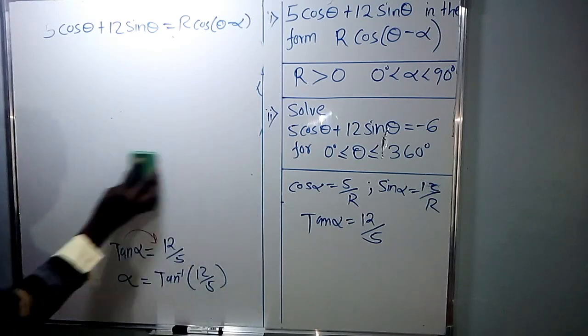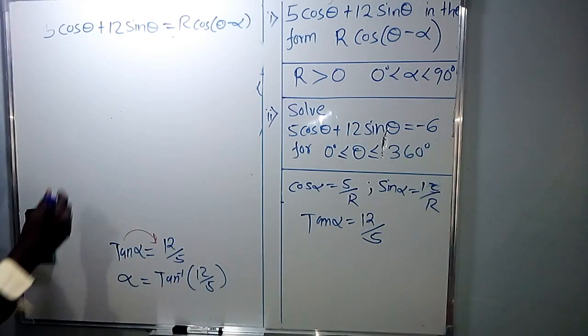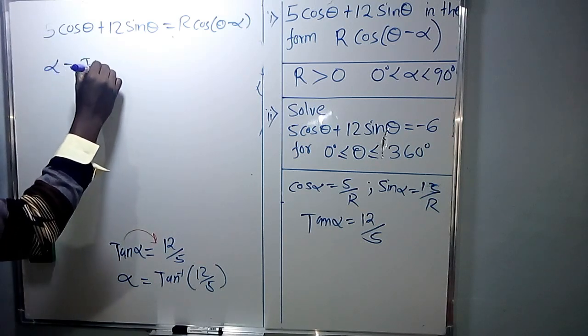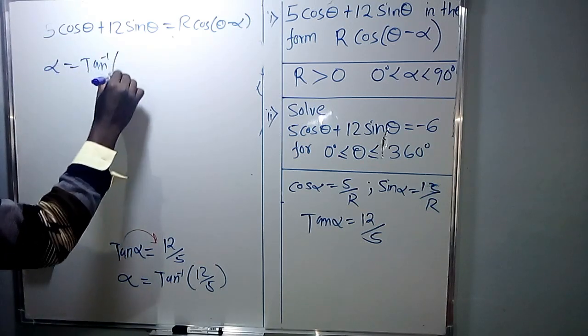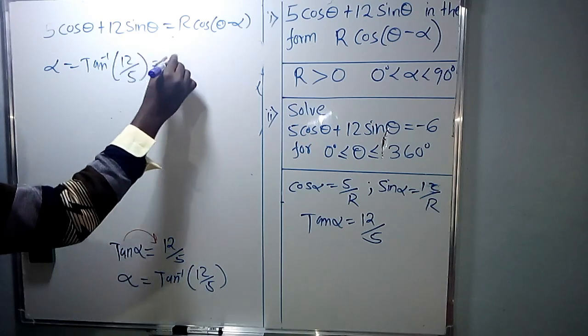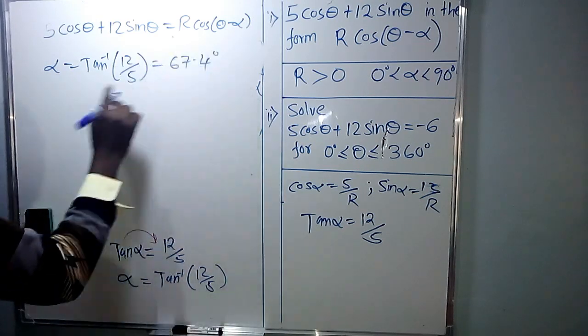So tan inverse of 12 over 5 is 67.4 degrees, isn't it? It is approximately 67.4 degrees. So we found alpha is 67.4 degrees.